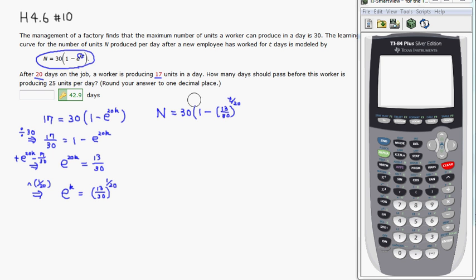I'm going to put a square bracket so that I don't get confused here. So this is the complete formula.